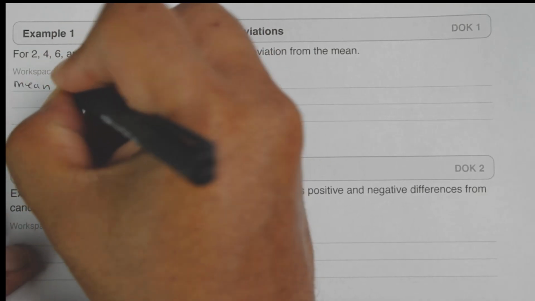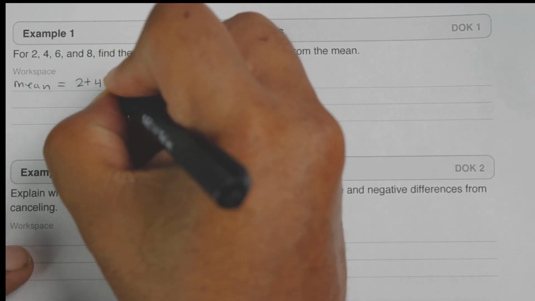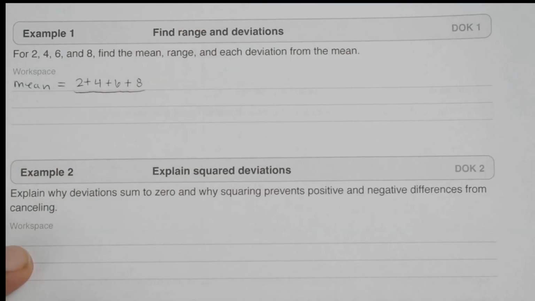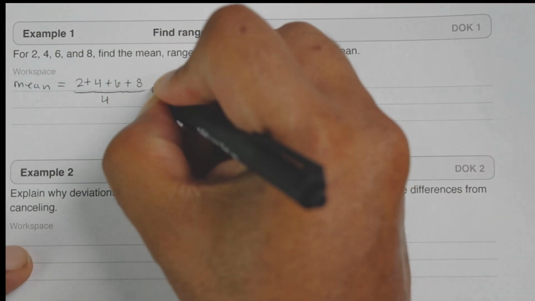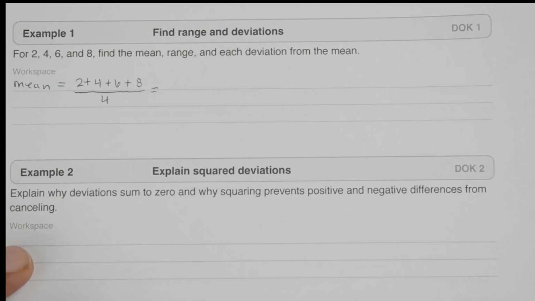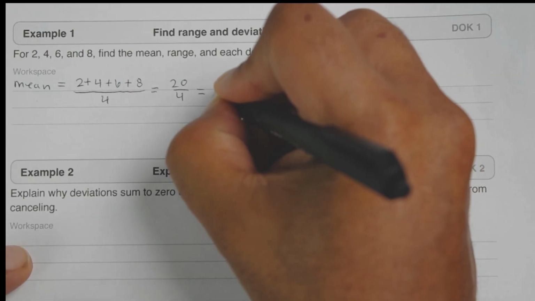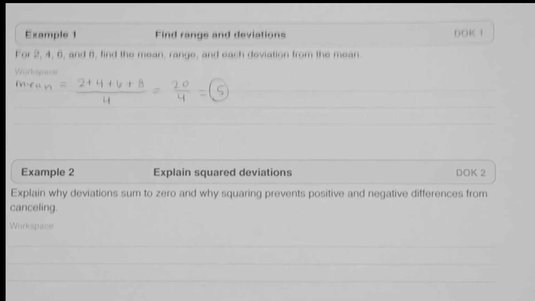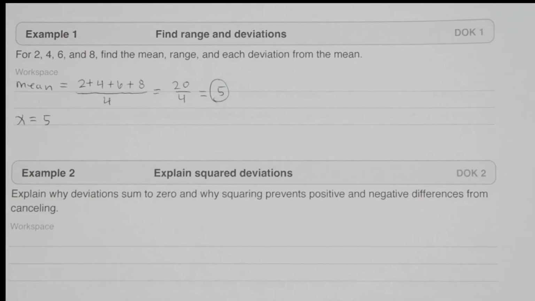The mean is 2 plus 4 plus 6 plus 8, divided by the number of data pieces, 4. That's 20 divided by 4, which is 5. So we got the mean. The mean is 5, so I'm going to let x-bar equal 5.